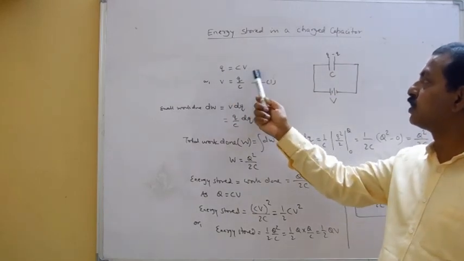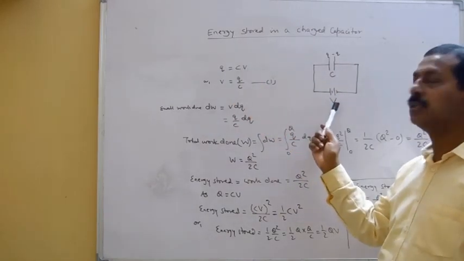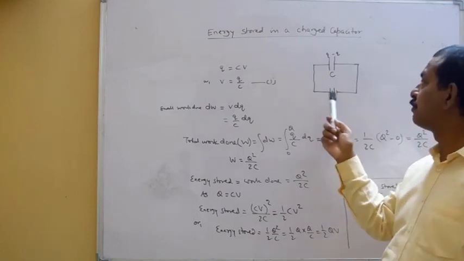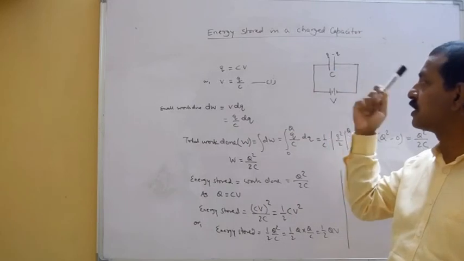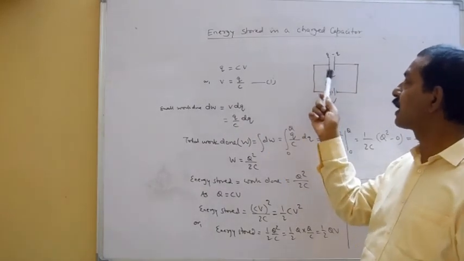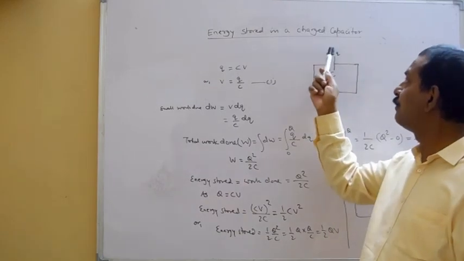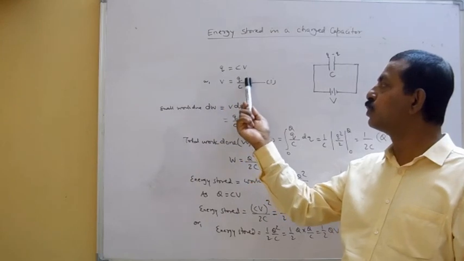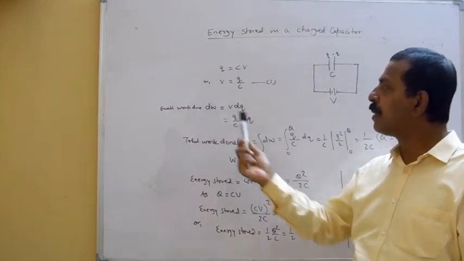Remember, this V is not the V of the source across which it is connected. That is the potential difference of the source which is charging this capacitor. So V is the potential difference across the capacitor at the moment when the charge Q is there on the plates. So V equals Q by C.